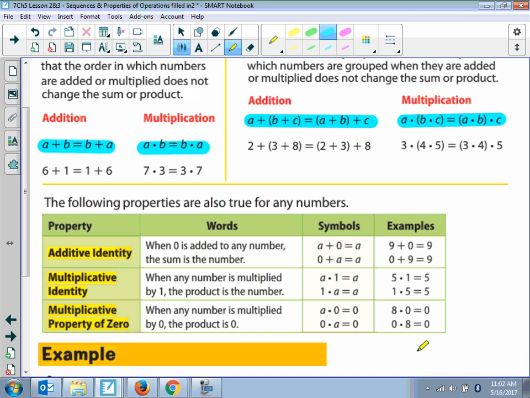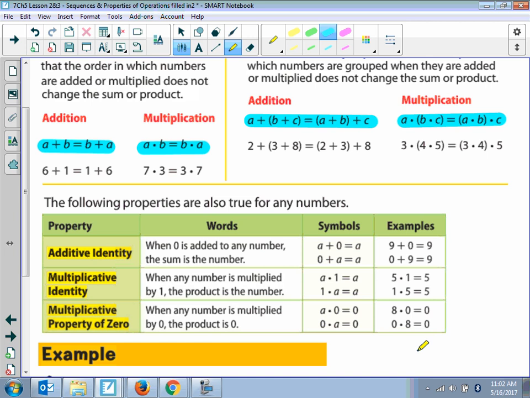So you've known that forever, right? So any number plus 0 is that same number. The multiplicative identity, okay? That says that when any number is multiplied times 1, the product is that same number. We've known that forever too, right?